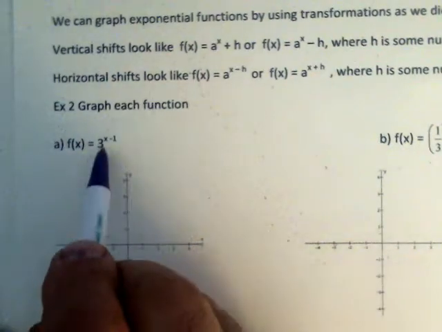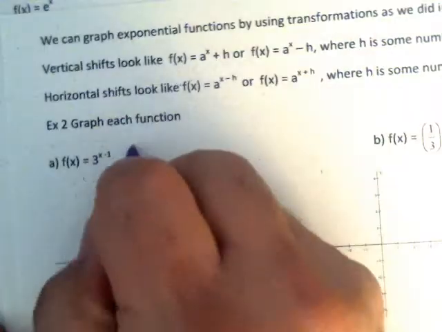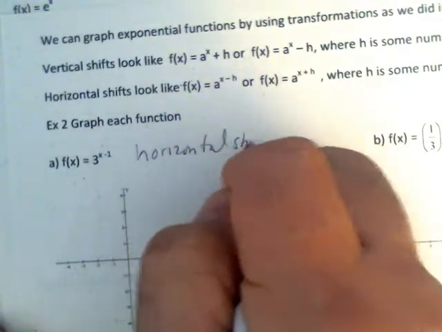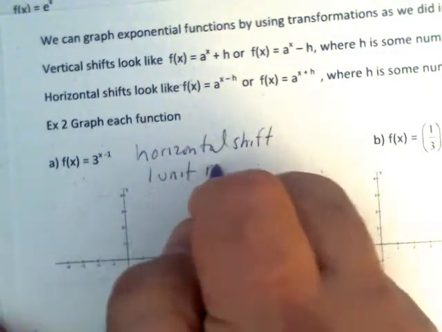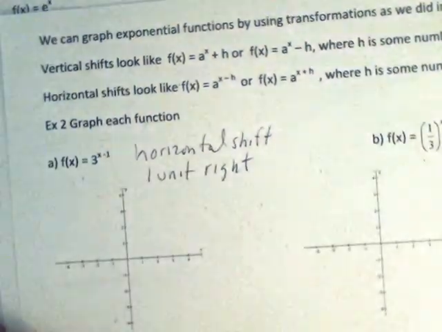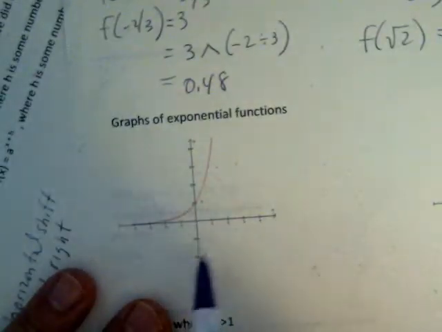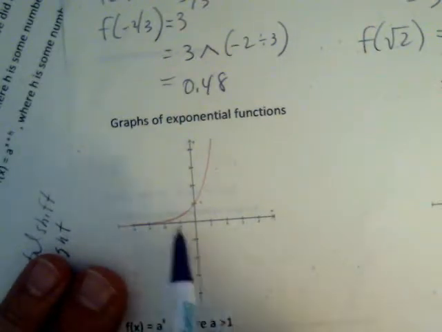So if I look at 3 raised to the x minus 1 power, this is a horizontal shift 1 unit right. Opposite the sign. So the graph I'm starting with is this one, because my base is 3, which is bigger than 1.